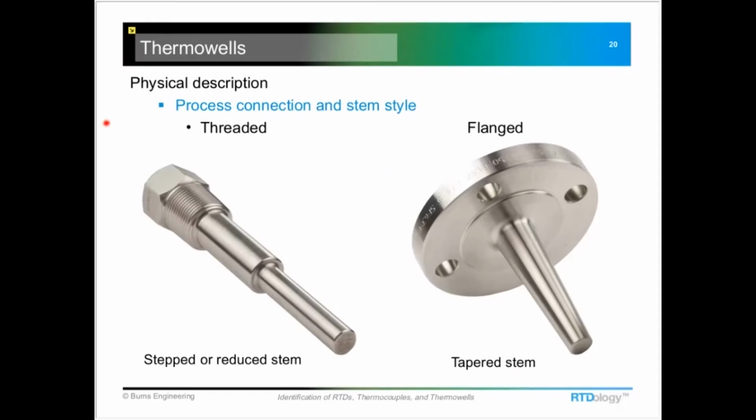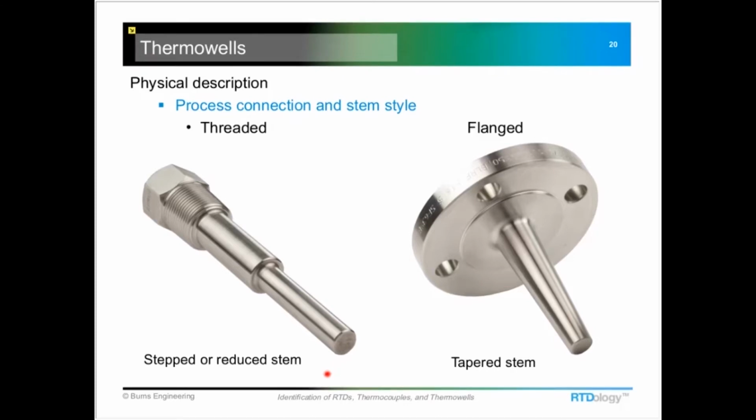So the physical description, we want to look at the process connection, whether it's a threaded or a flanged well. And then the style of the stem. This one happens to be stepped, or some call it a reduced tip. This is a tapered stem where it goes from a larger diameter down to a smaller diameter.